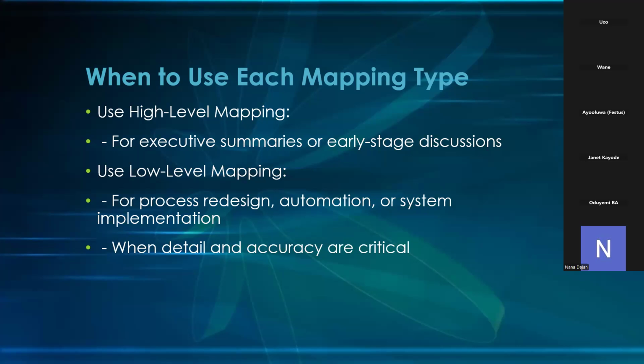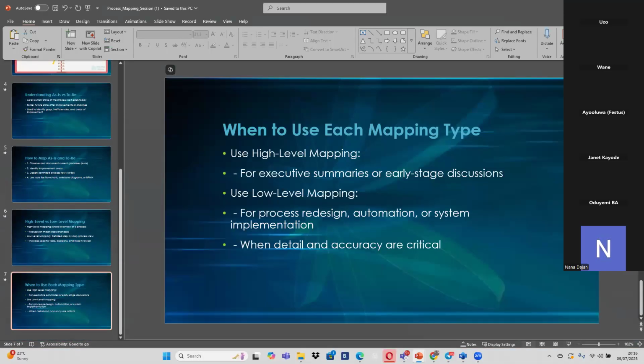It goes down to the nitty-gritty of things. Some stakeholders do enjoy looking through the low level, but many stakeholders prefer high level mappings so that they can quickly go through it and go about their day. So that's it in a nutshell.